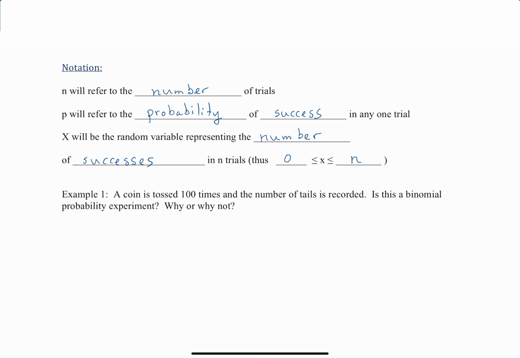So let's go through the 4 things that a probability experiment has to fulfill in order to be considered binomial. First, we have to have a fixed specific number of trials. Now, in this experiment of tossing a coin 100 times, each toss is a trial. And we're told there's going to be 100 trials. So that's a specific number that's not going to change.